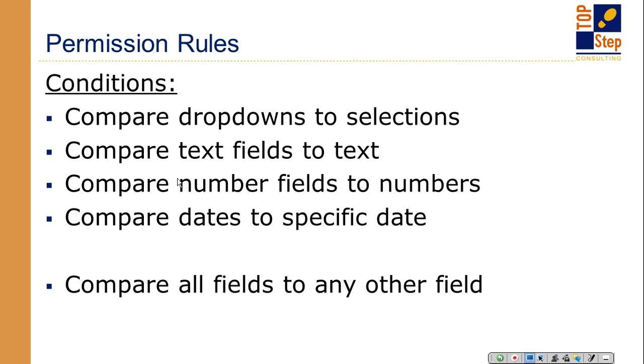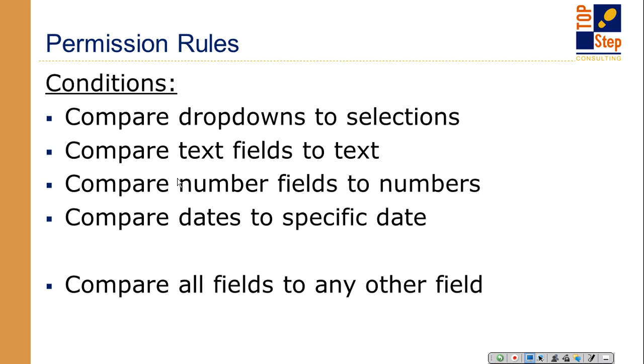So think about this. If you want to compare a project date to today, let's say you have a field called actual project end date. You want that to be populated when the project is moved to a closed stage.